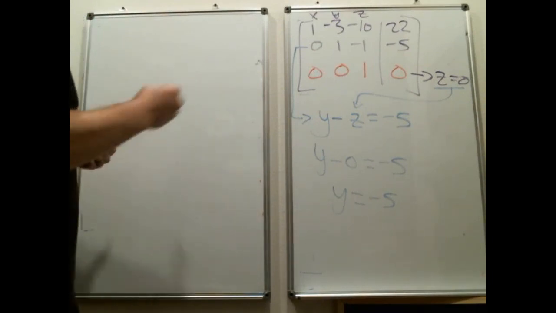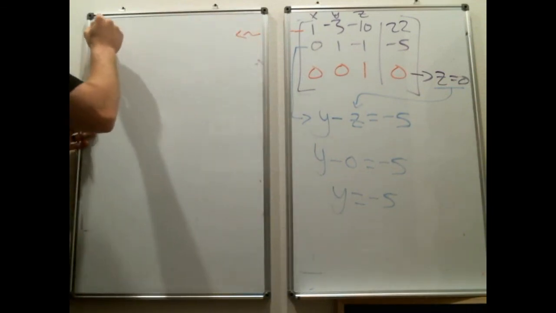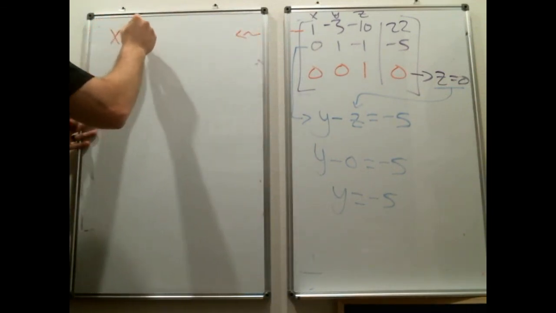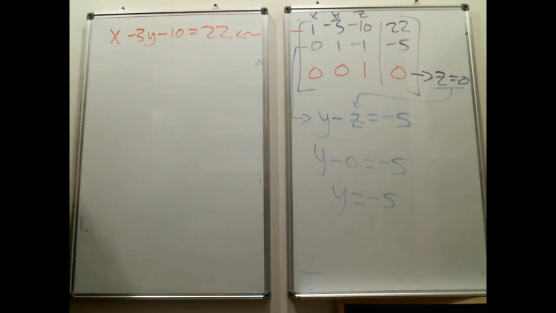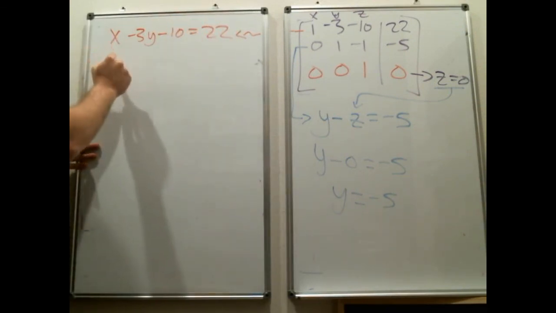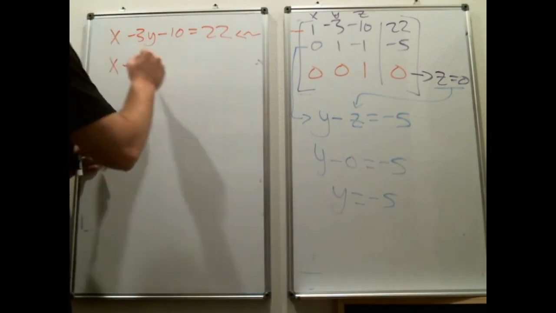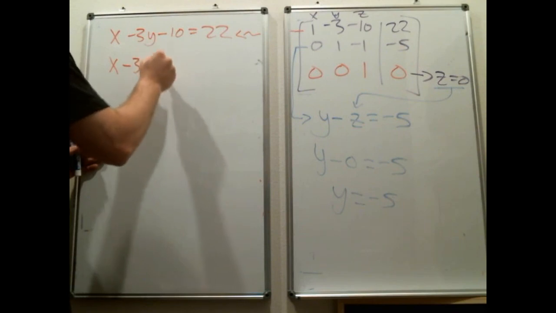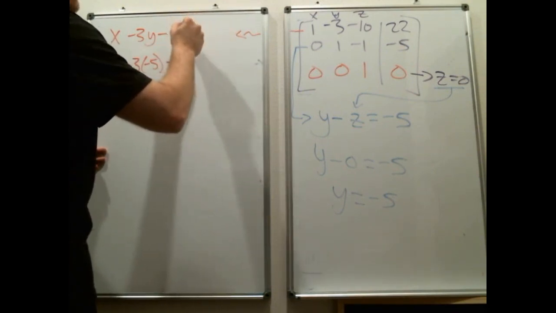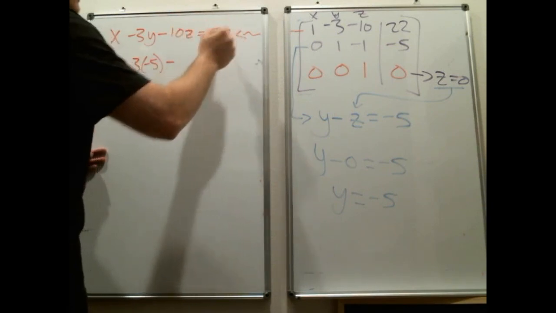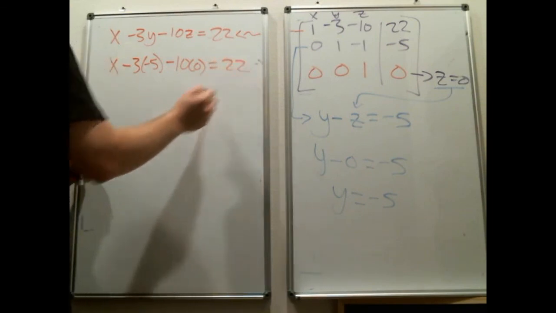And then almost done. We work this equation. We get 1x minus 3y minus 10z is equal to 22. X minus 3y, we found y to be -5. So minus 3 times -5 minus, this should be 10z, excuse me, 10 times 0 is 22.